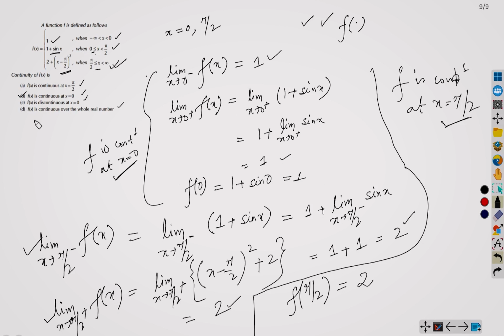So we can say that the function is continuous over the whole real line. So this one is the correct one. Actually A, B and D, three answers are correct. A is also correct, B is also correct, D is also correct.